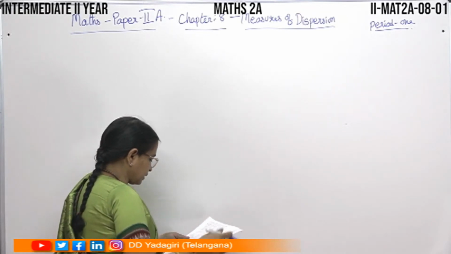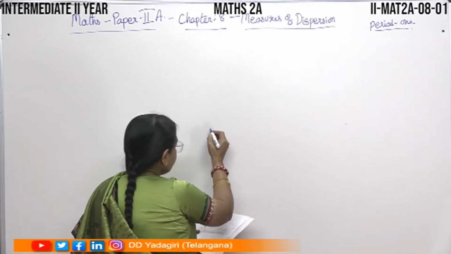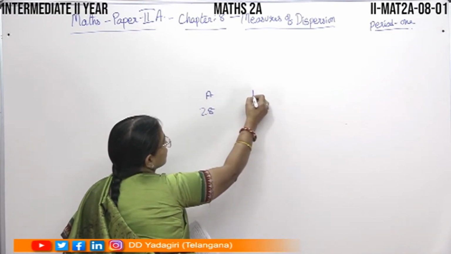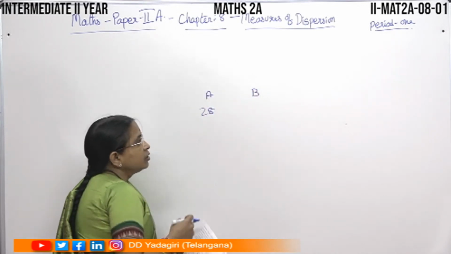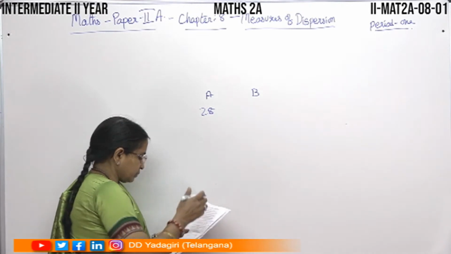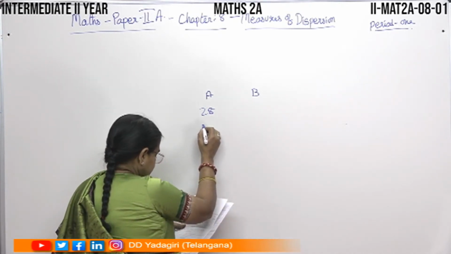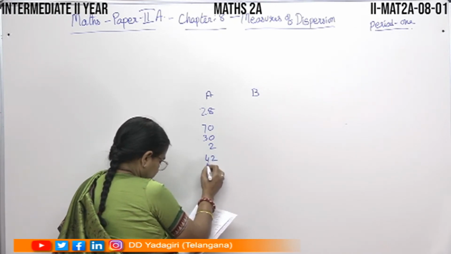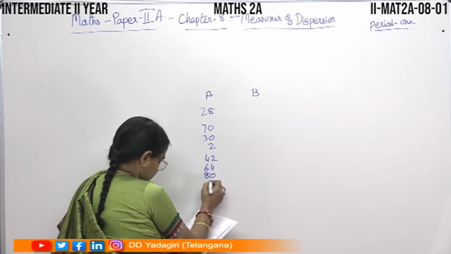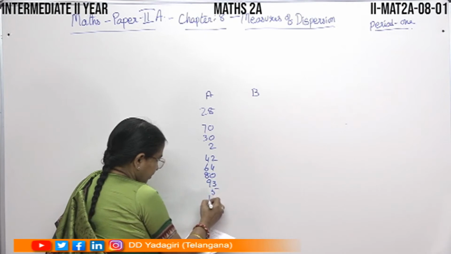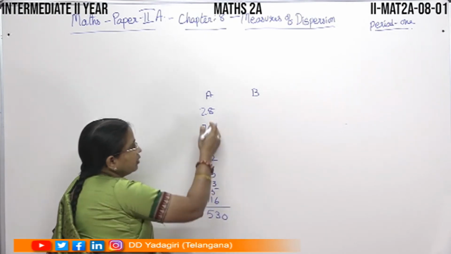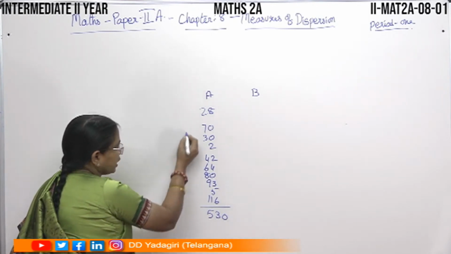Like for example, suppose that these are the scores run by two batsmen. Batsman A: 28, 70, 30, 42 and then 64, 80, 93, 5 and 116. Now when you take the mean of it, there are 10 values.